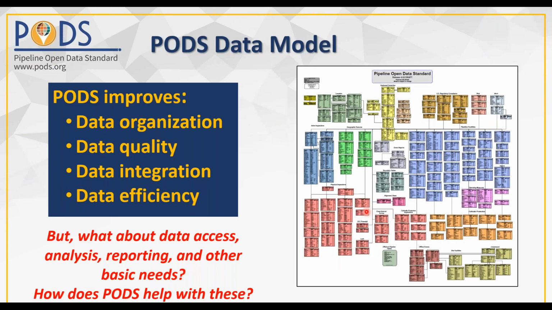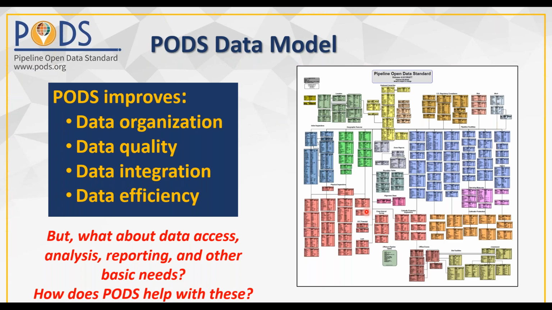As you can see, here's our lovely PODS model. This is the 4.02 version of the model that we looked at in more detail last time. But I wanted to reorient you to the model and thinking about how the tables relate to each other and what the overall purpose of PODS is.